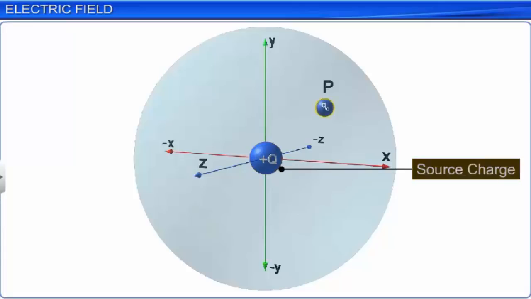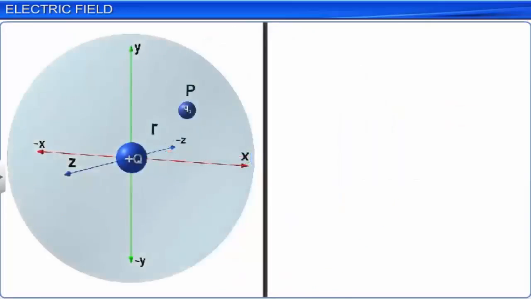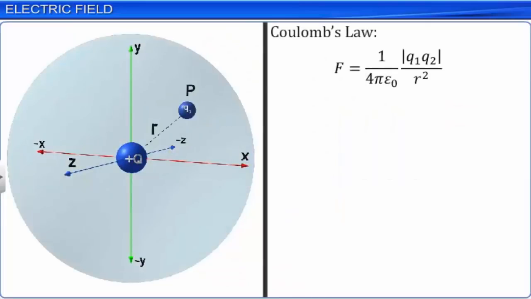Charge Q0 is called a test charge, as it is used to study the effect of the electric field created by charge Q. We can use Coulomb's law to calculate the force on Q0 due to Q. The electrostatic force on Q0 due to charge Q is F equal to 1 by 4 pi epsilon naught Q Q0 by r square into r cap, where r cap is the unit vector along the direction of OP. Let this be equation 1.